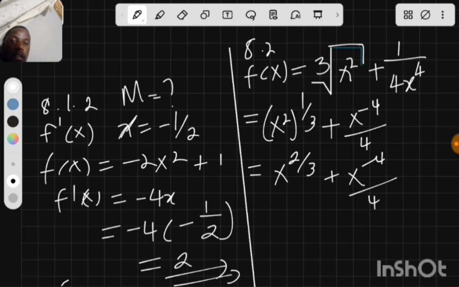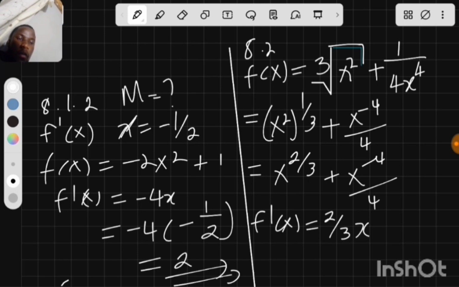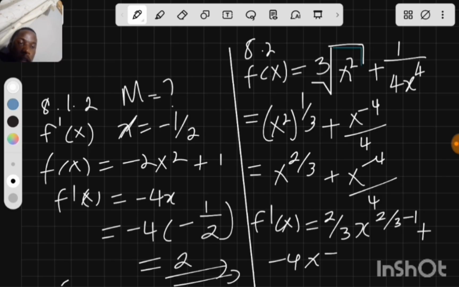Then you start differentiating: f prime of x equals 2 over 3 x. Then you take that power of 2 over 3 and reduce by 1. Plus, you take the power of negative 4, bring it down, then reduce the power of minus 4 by 1, and divide everything by 4.